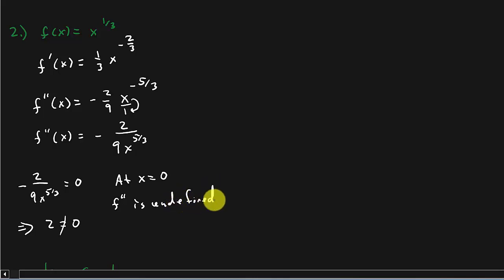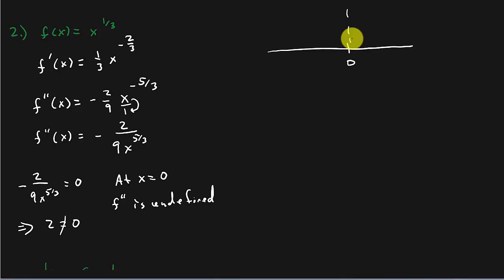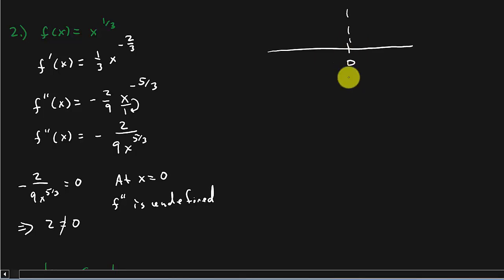It's not continuous. You see that? Now, let's see, if we plot x equals 0 on the number line, now let me ask you this, can we use 0? Okay, the second derivative is undefined at 0, but are we able to use it?